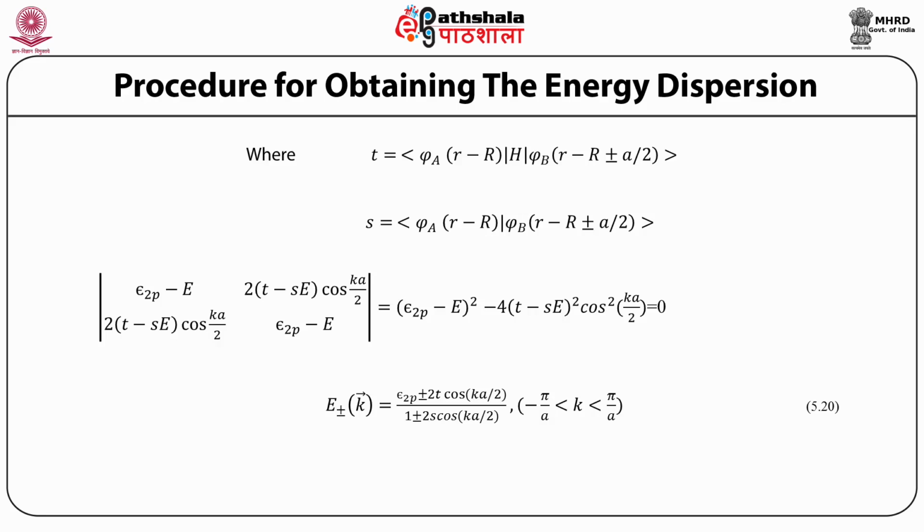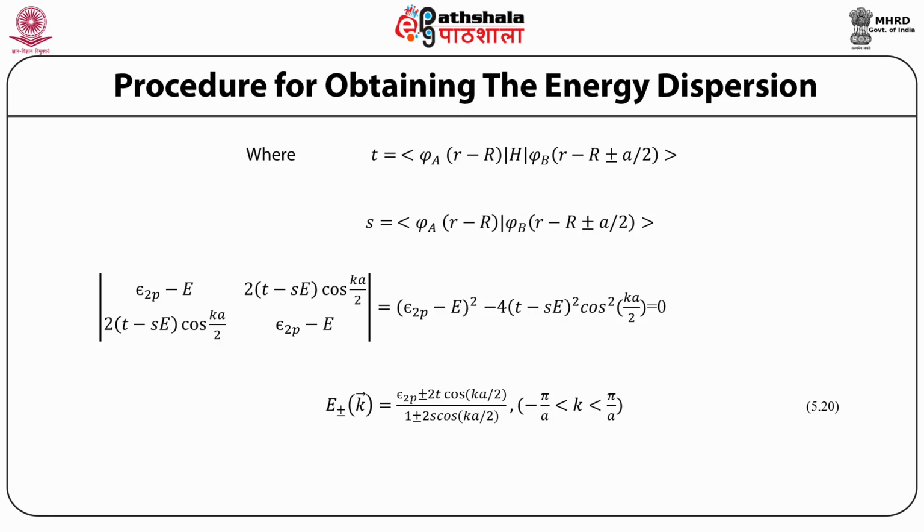Now taking the determinant of the matrix, whose first element is epsilon 2p minus E, second is 2 multiplied by (t minus sE) cos of ka by 2, then 2 multiplied by (t minus sE) cos of ka by 2, epsilon 2p minus E, the determinant is equal to (epsilon 2p minus E) the whole square minus 4 multiplied by (t minus sE) the whole square cos square ka by 2 equal to 0.